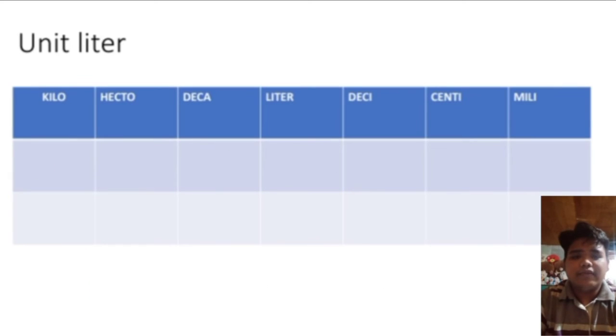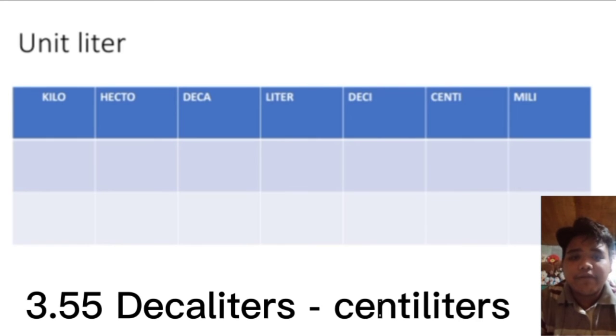Next we have the unit liter. We have kiloliter, hectoliter, decaliter, liter, deciliter, centiliter, and milliliter. So we will convert decaliter into centiliter. We have 3.55 decaliter.